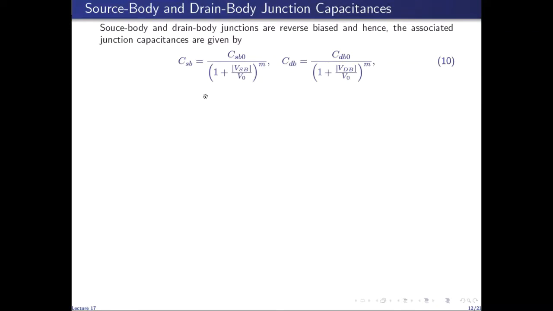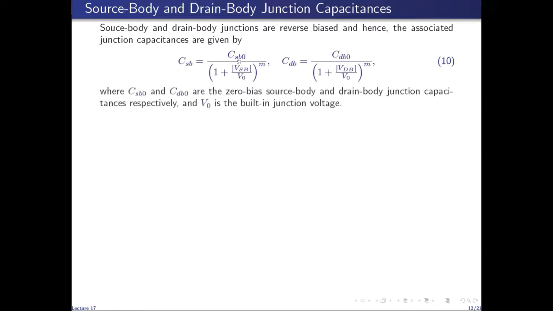Junction capacitance is associated with the reverse bias source body and drain body junctions. They are given by expressions which are similar to the junction capacitance for a reverse bias collector-base junction. Denoted by CSB and CDB, these represent the reverse bias junction capacitance between source and body and between drain and body. CSB0 and CDB0 are the values of the respective junction capacitances at zero bias.